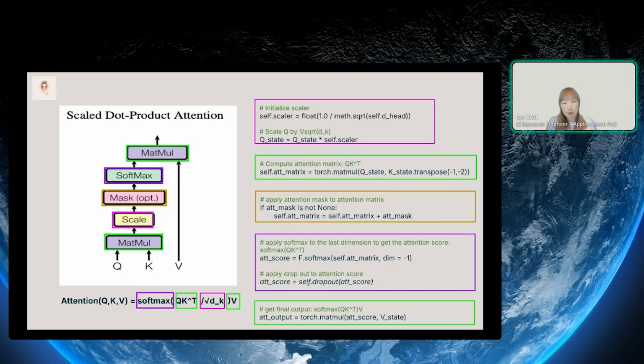Now we apply softmax to the attention matrix, and we apply dropout to get the final attention score. At this point, the attention score is the weight for the V, right? So if we recall, the output is computed as the weighted sum of the values. To finally get the weighted sum of the values, we just multiply the attention score by the V. And there you have it. That's how you get the attention output for the single head scaled dot product attention.